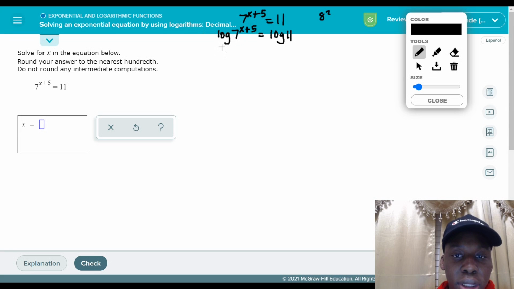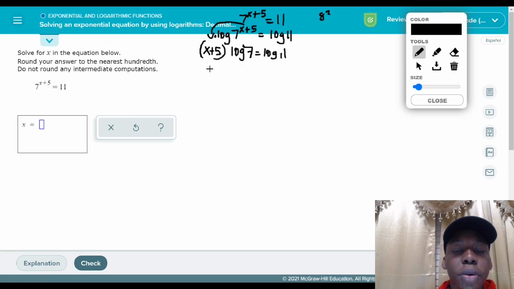So x plus 5 is the exponent, and we have to take x plus 5 to the front here and multiply that by log 7. So this is x plus 5 times log 7 equals log 11.